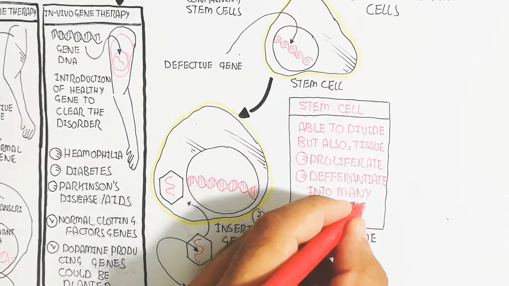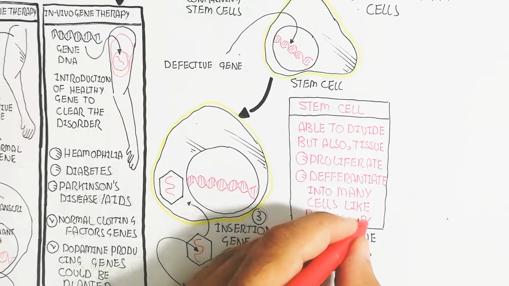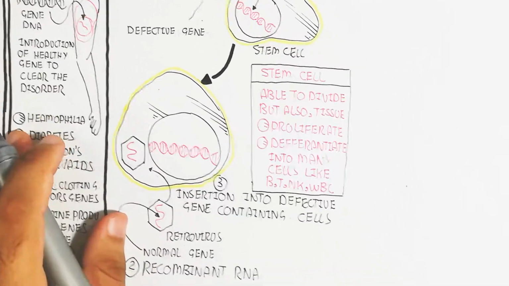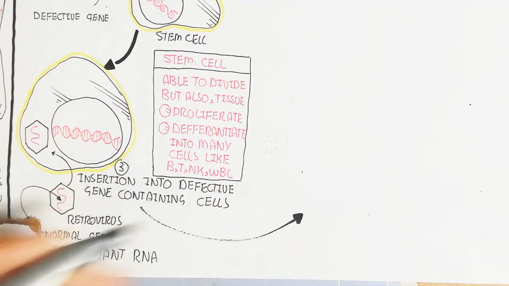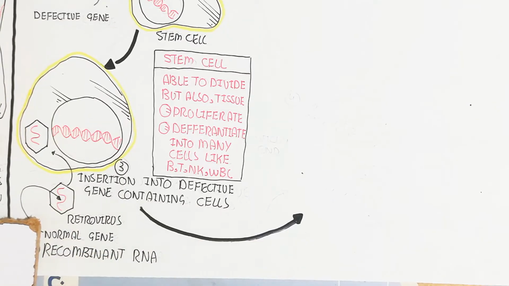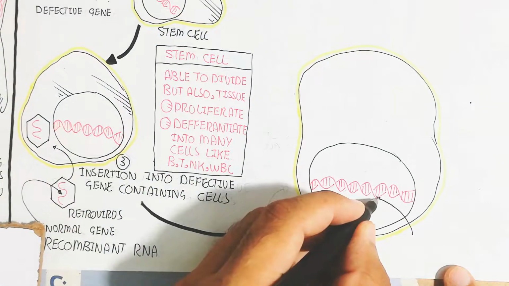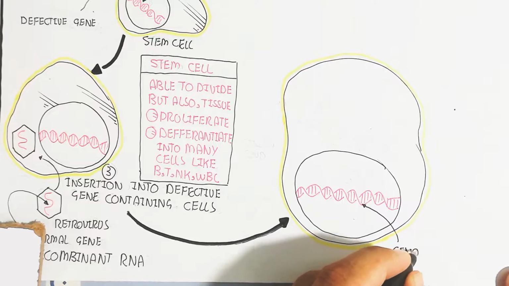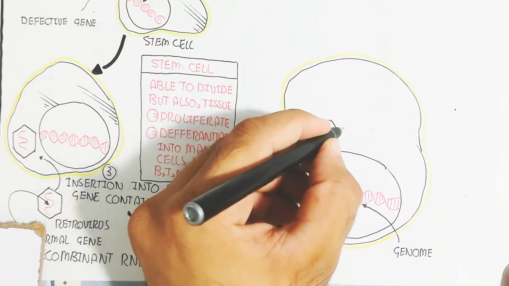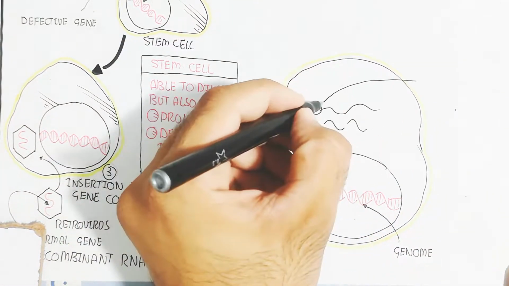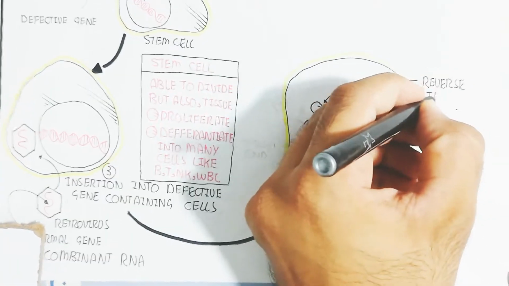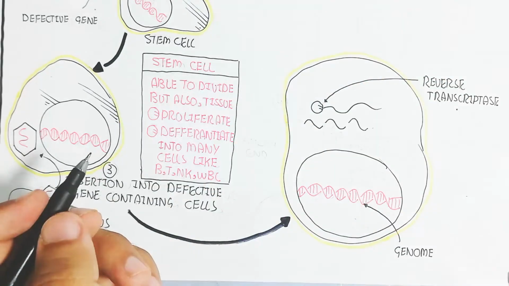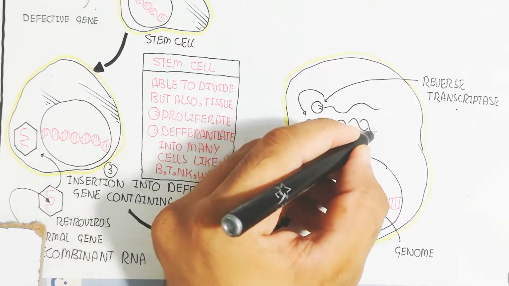That is why the stem cell is a major target for recovery and healthy gene introduction, because it is dividable and can keep dividing for a long time, so the stem cells will be non-defective due to the normal gene introduction.